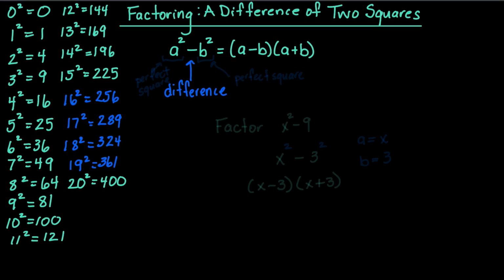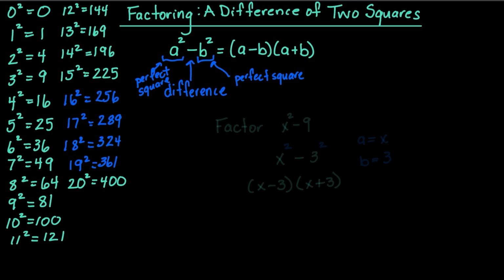Two squares means our first term is a perfect square, and our second term is a perfect square. Hence, a difference of two perfect squares.